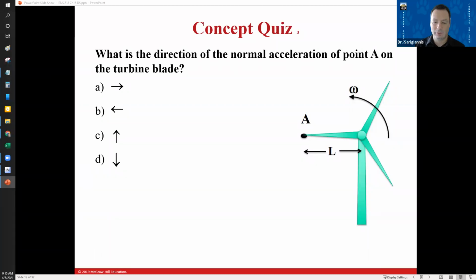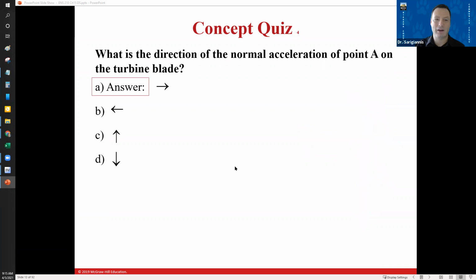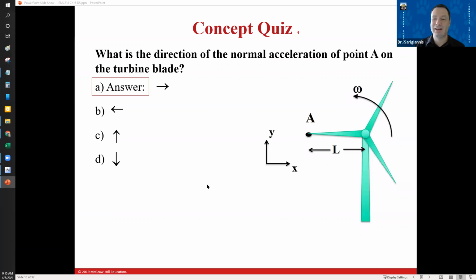A bunch of people said B, a bunch of people said D. A is the answer. Remember, normal acceleration points inward towards the point about which you're rotating.